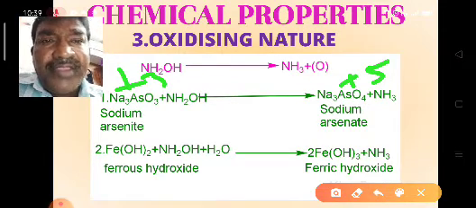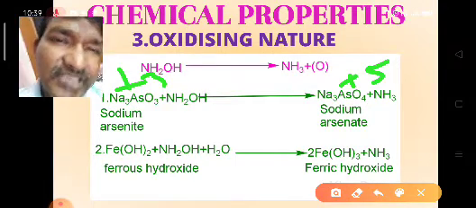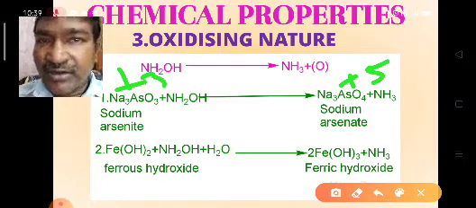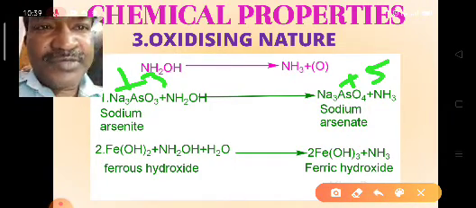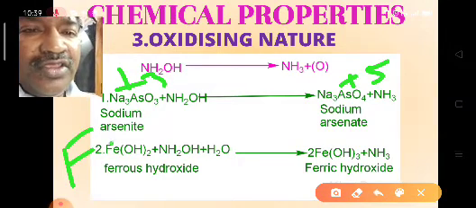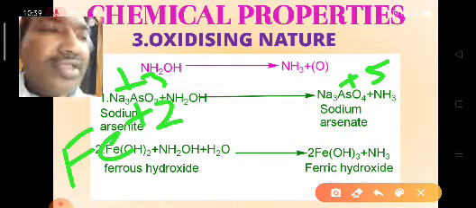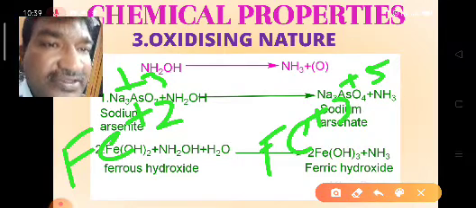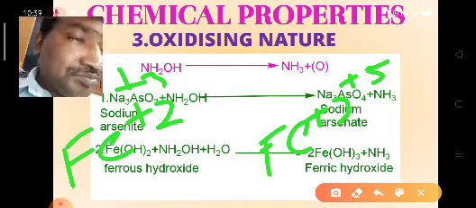In a similar way, it oxidizes ferrous hydroxide to ferric hydroxide. Ferrous hydroxide means ferrous ions, that means Fe plus 2 ions. We know very well that ferric ions means Fe plus 3. So this is also very simple to balance the reaction.